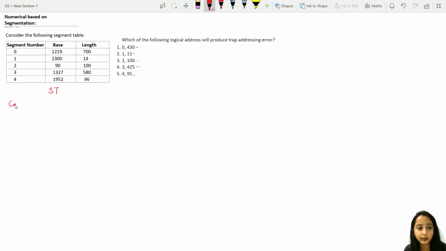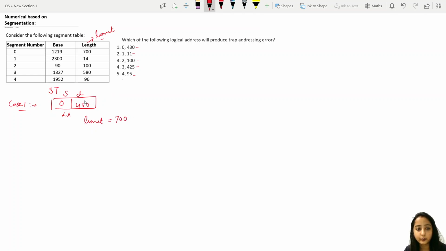Let me consider case number 1. What is the logical address given? LA is given. First the segment number is given and D is given. D is 430, right? So what is the limit here? This is the base address, this is the length, or you can call it the limit. The limit is given as 700.